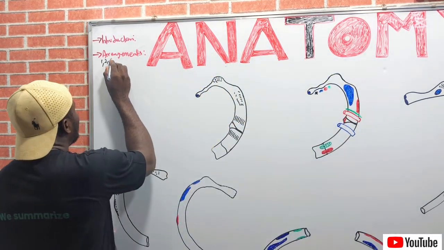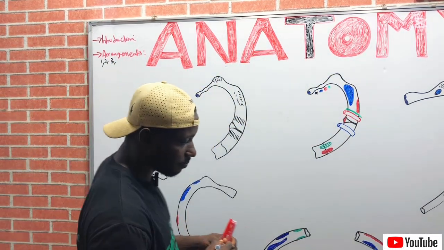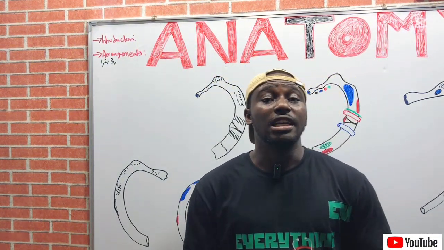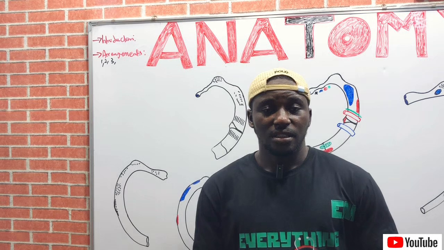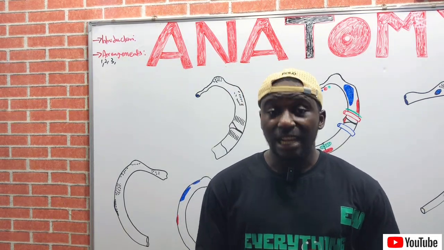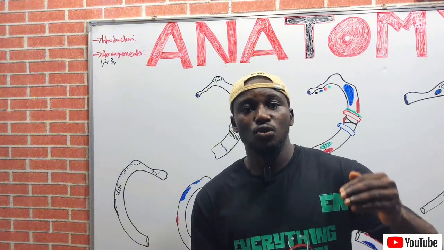The third arrangement is that the transverse diameter of the ribs increases progressively from first to eighth rib.